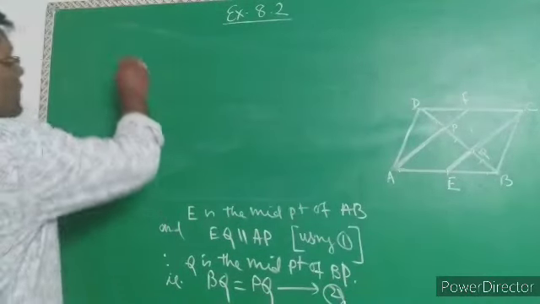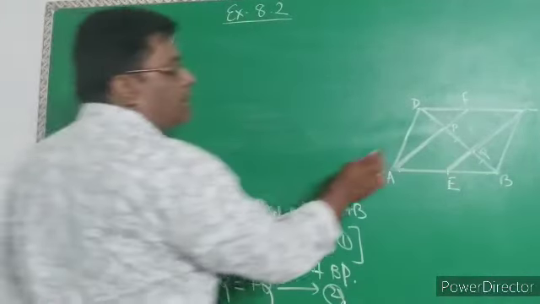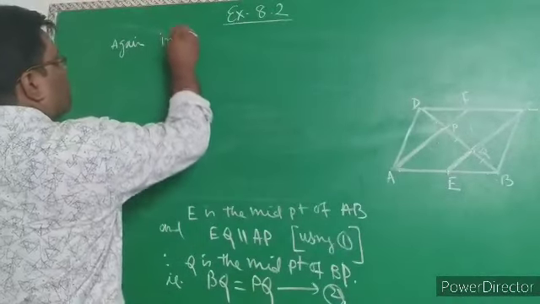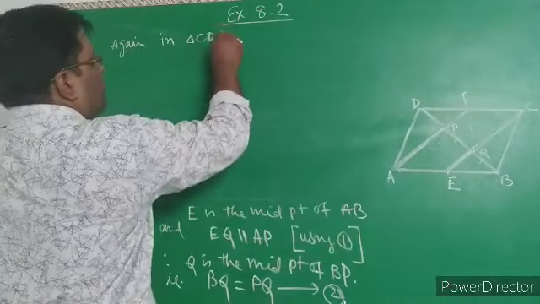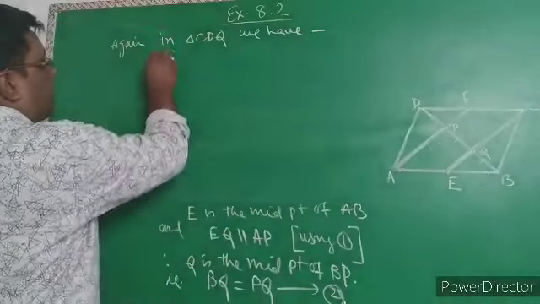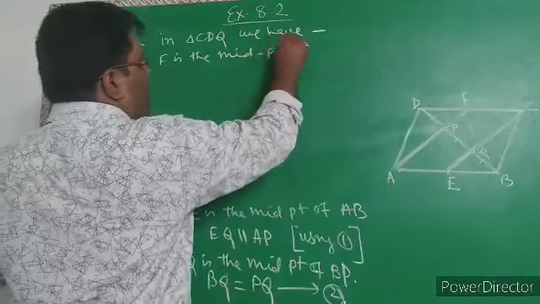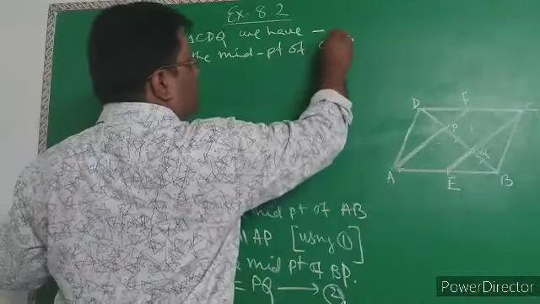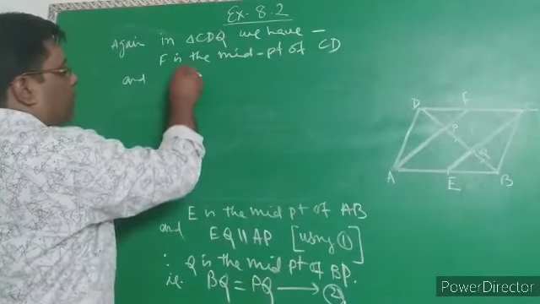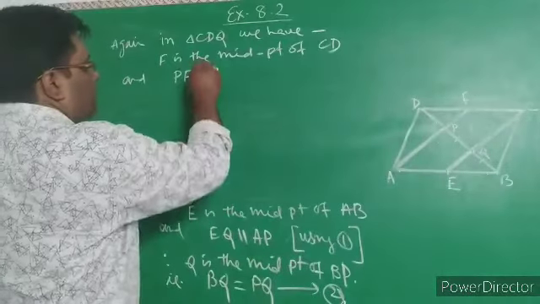Next, again in triangle CDQ, we have F is the midpoint of CD and PF is parallel to QC.